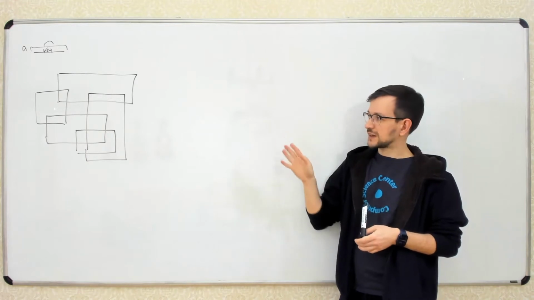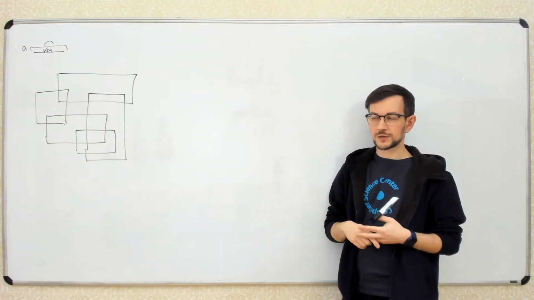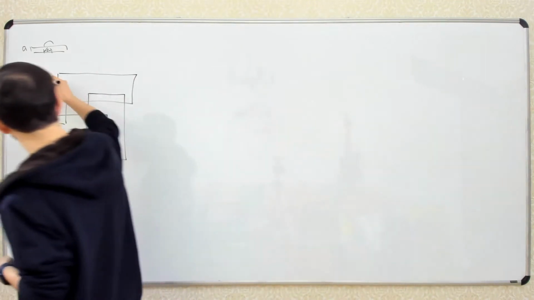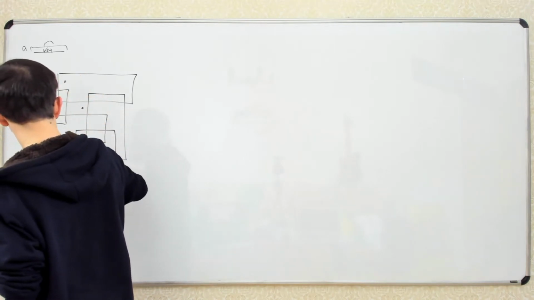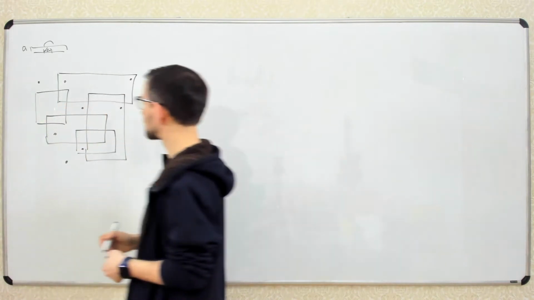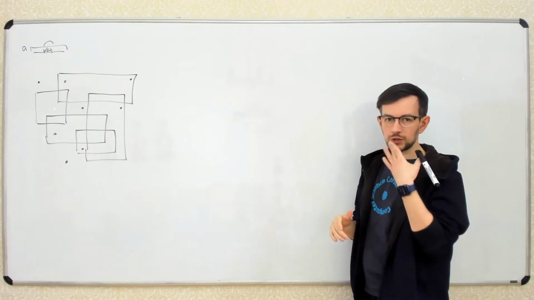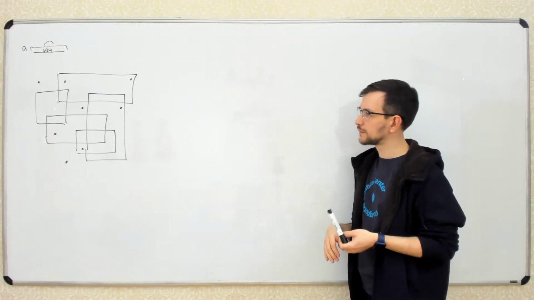So you have some rectangles on a plane, and you have some requests. Each request is a point. So you have some points in this plane, and you need to answer for each point: you want to calculate the number of rectangles which cover this point.